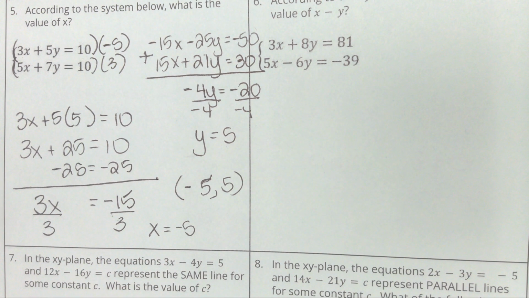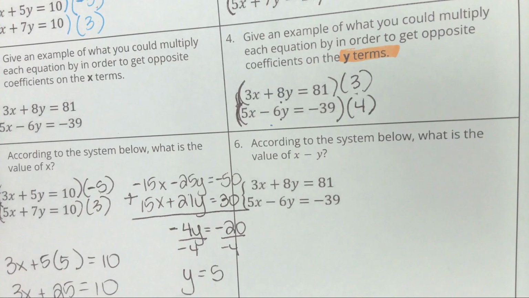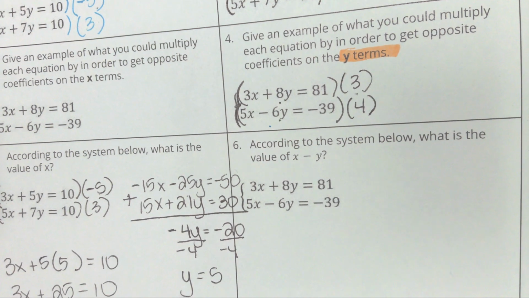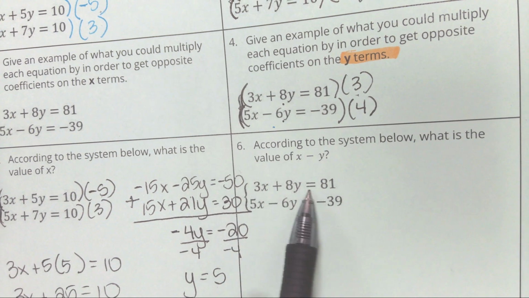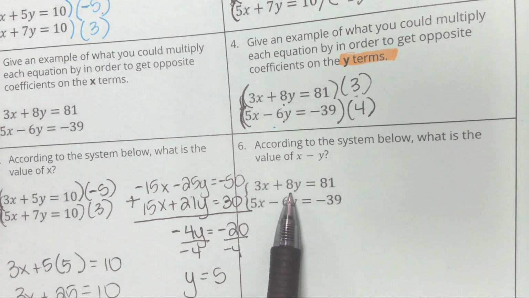Last example we're going to do before we do practice. Let's try question 6. Okay, I am going to go ahead and just because we already did x's, I'm going to show it with y's. So Frank, was it you? No, Jaden, it was you. You said to multiply by 3 and 4, so that's what we're going to do here.